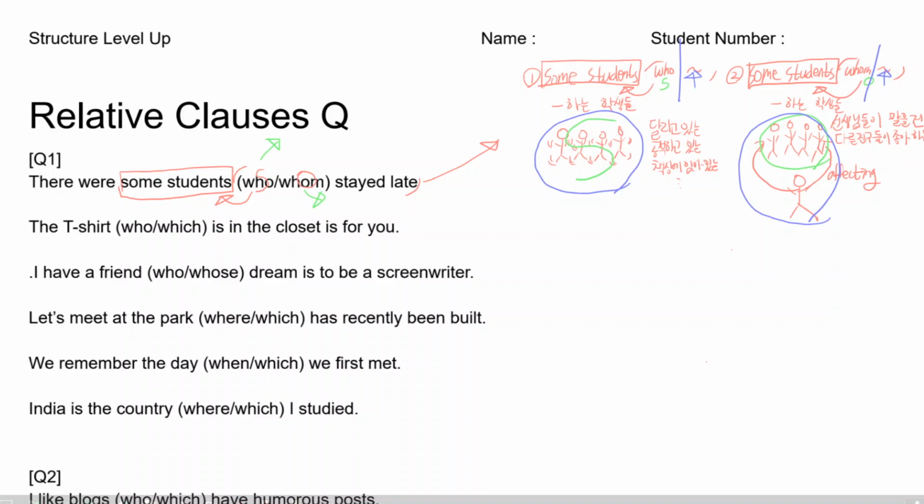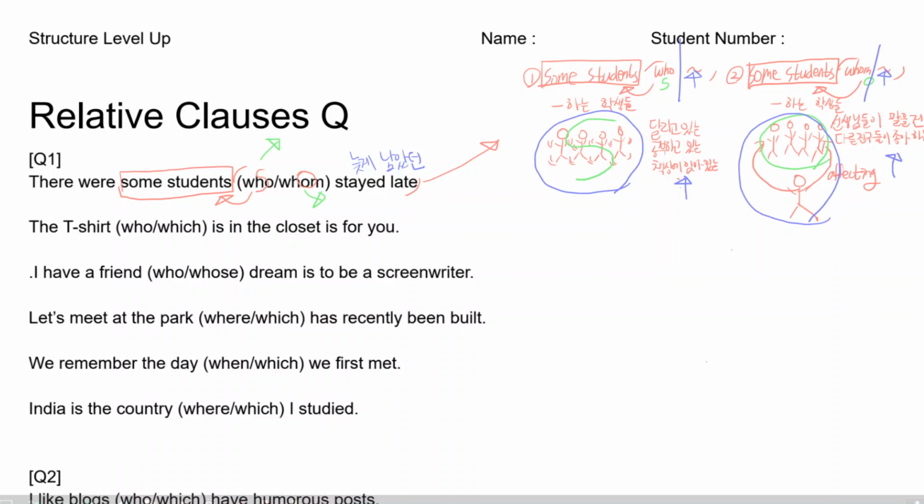Okay, so up to this part, and then we see this part, stayed late. Here it means 늦게 남았던, right? So here we need to decide whether 늦게 남았던 falls into this category or this category.